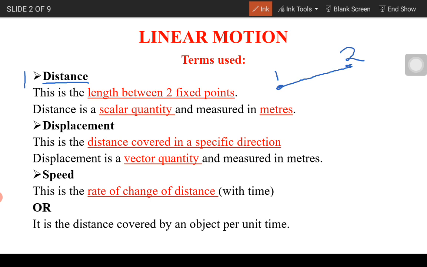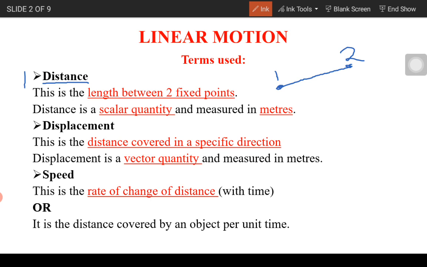That length between the 2 points is what we call distance. It is so important in our physics lessons, and specifically in motion. We shall be using it quite often.